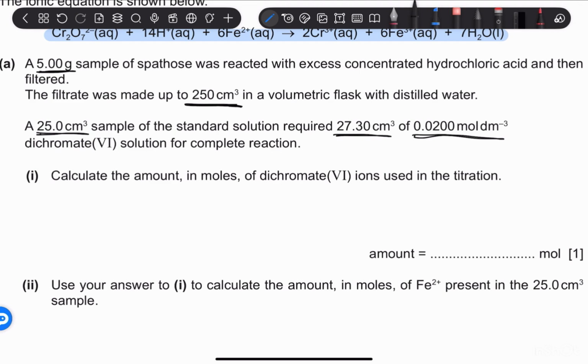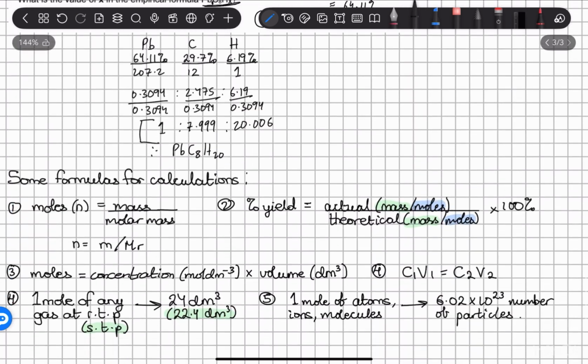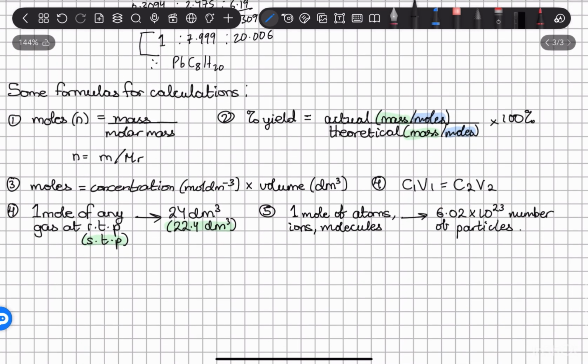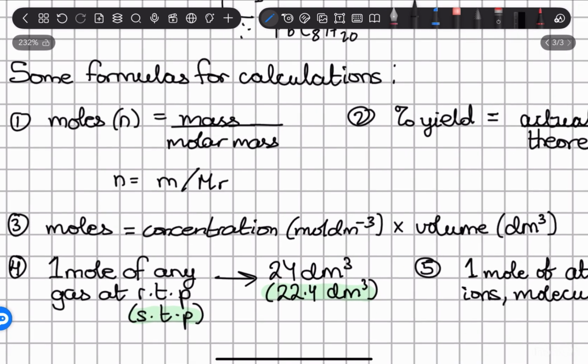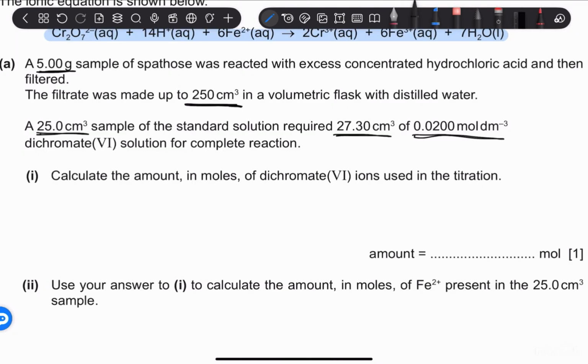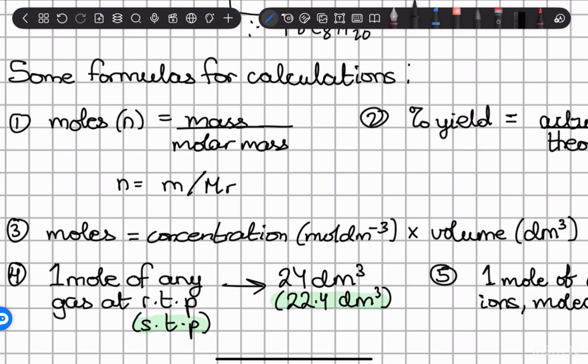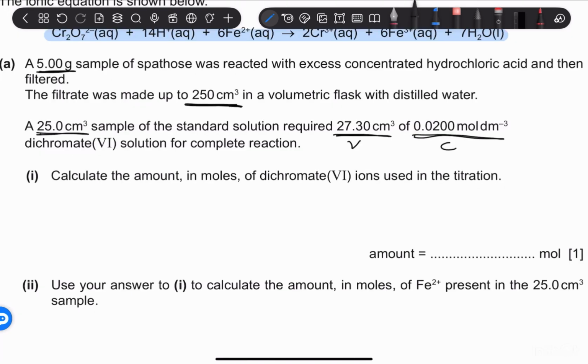So the formula that we are going to use, because what we have been given is concentration and volume, is concentration times volume, which is moles. So our moles, which I'm going to represent by n, is C times V.